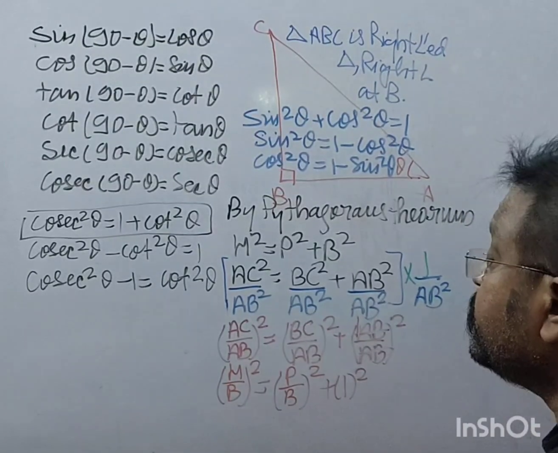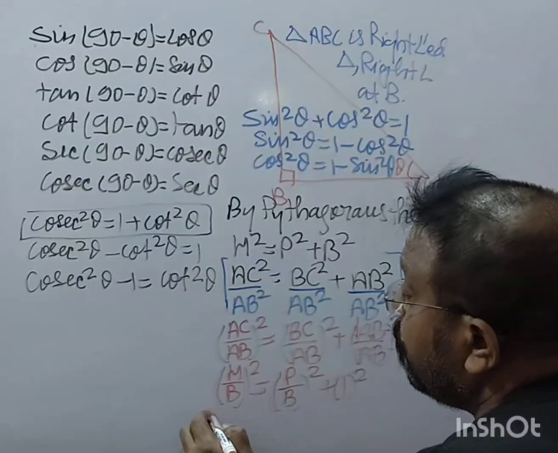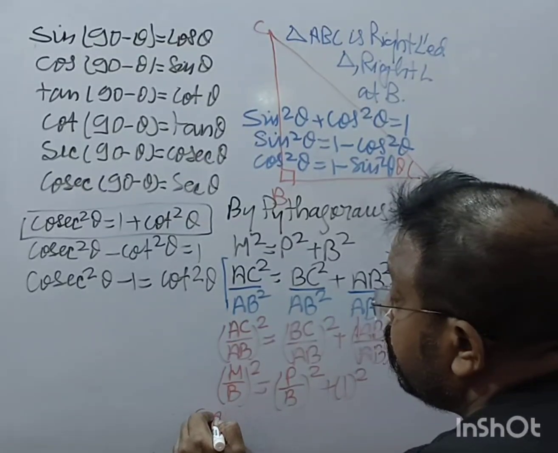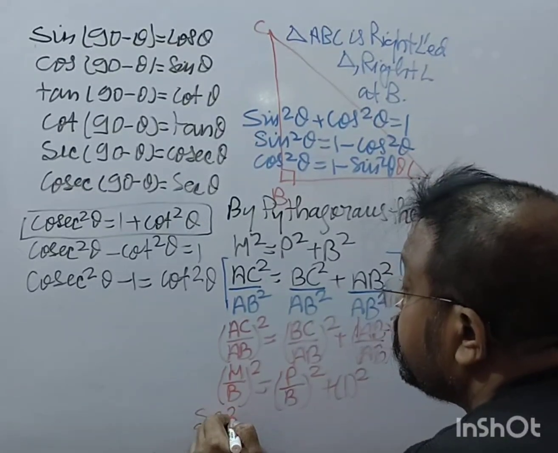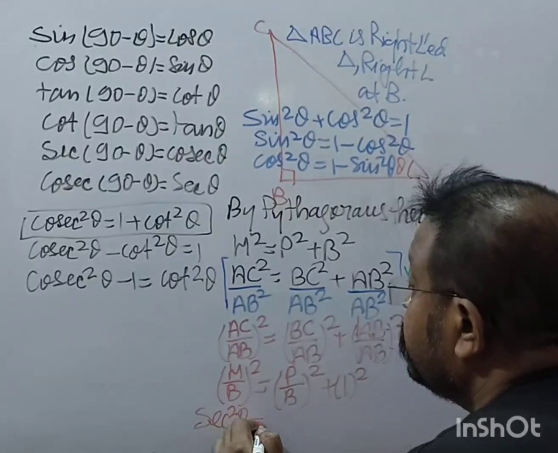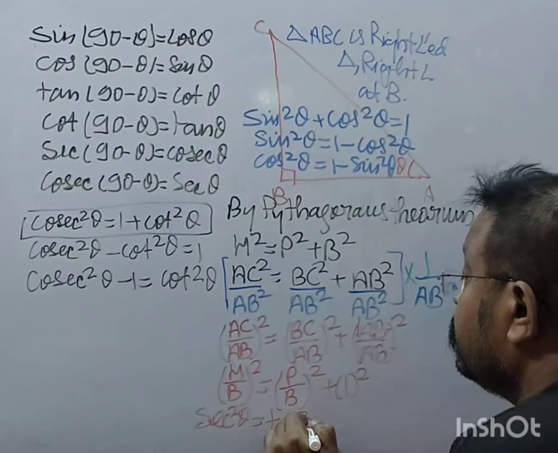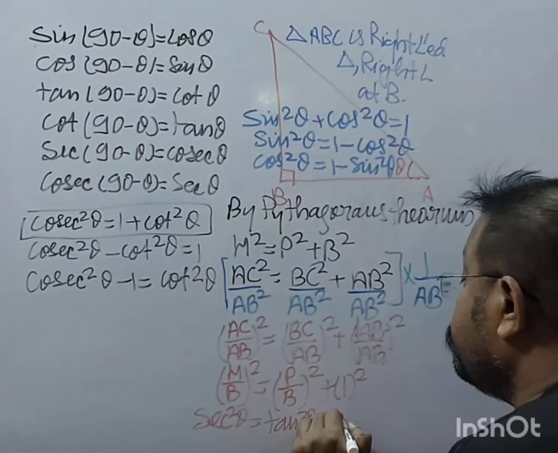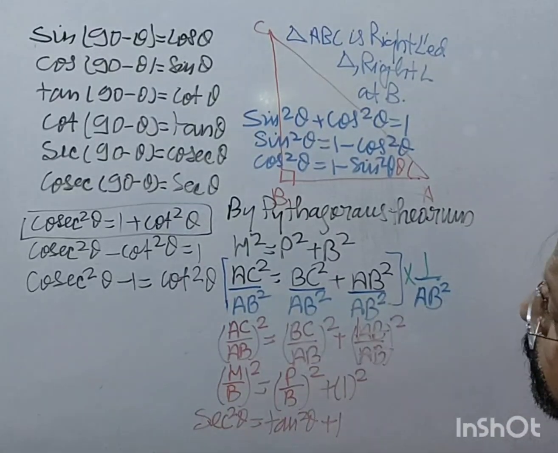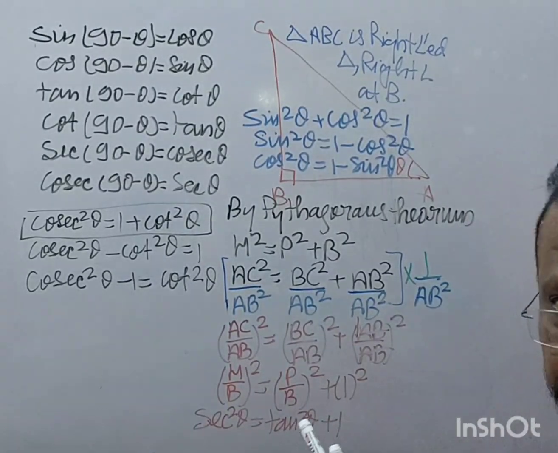Right? This hypotenuse upon base is called sec square theta. This is called tan square theta. This is plus 1. You get this? Do you understand?